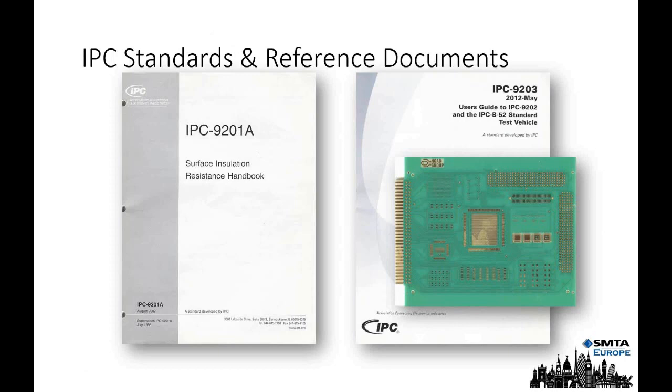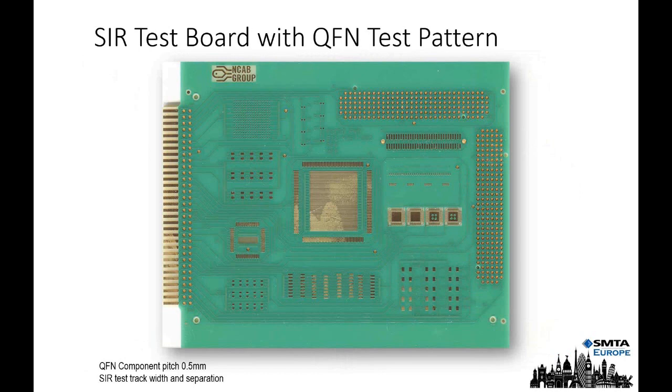I did in fact submit this to Doug Pauls, who was the chairman of the committees involved in SIR and the SIR handbook, and basically what I did was add QFNs, and I added a test site which had parallel tracks, so it's a comb pattern similar to what you'll see on any other test board, but we put it between the terminations on QFNs. We could only add in 2 test circuits because of the other tests that were going on the printed circuit board.